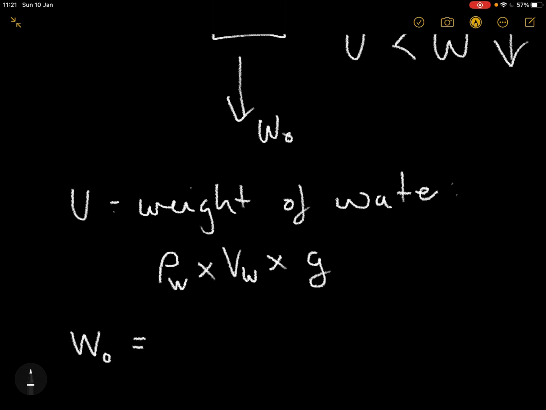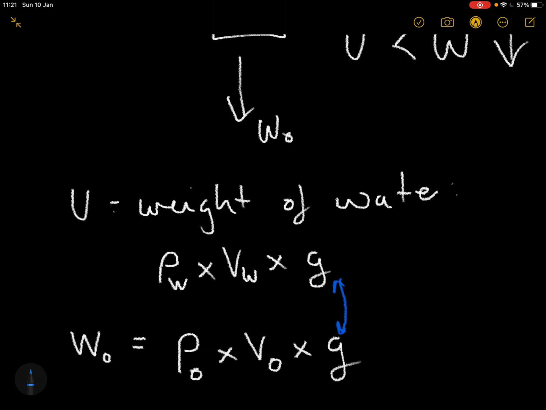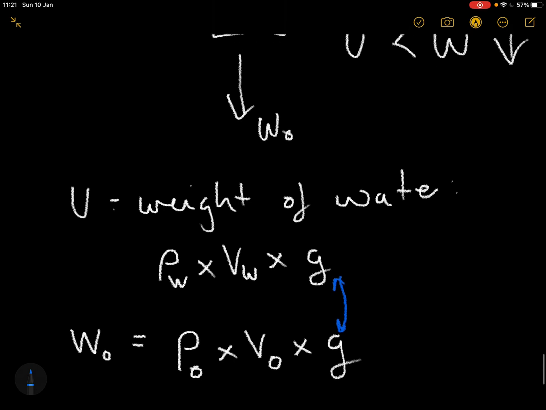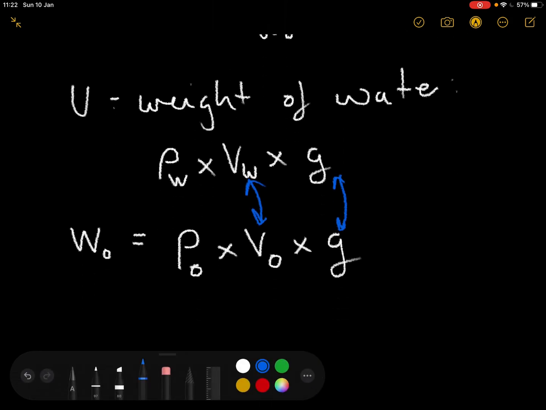And the weight of the object is going to equal the density of the object times the volume of the object times gravity. But gravity, they're both in the same place, so these two things are the same. And the volume of them both is exactly the same. If the object is 2 cubic meters, it's going to displace a volume of water of 2 cubic meters. So these two things are equal.